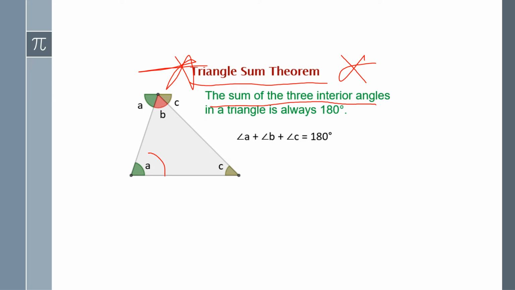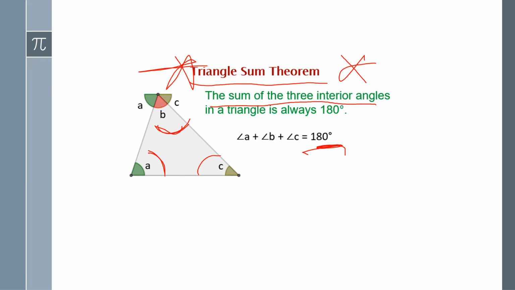So they're talking about what's inside the triangle. The sum of all that is going to equal 180. Again, you must write this down, and you must write the meaning of it too. If I'm saying interior angles, again, the angles are inside the triangle.